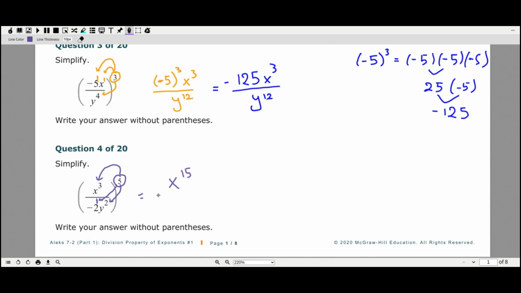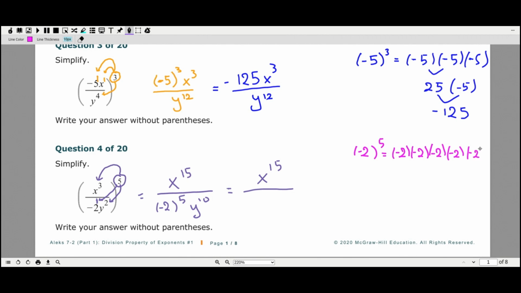So x to the 15, -2 to the fifth power, y to the 10. All right, so that will be x to the 15. Negative 2 to the fifth power. It's just like negative 2 times itself 5 times.